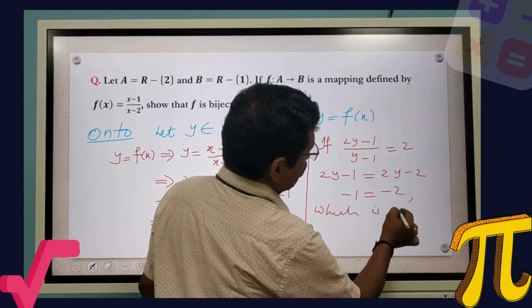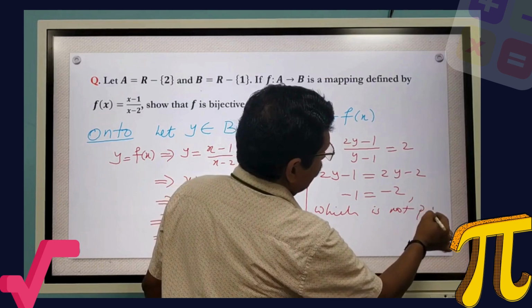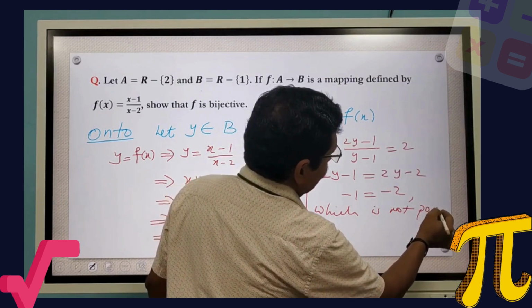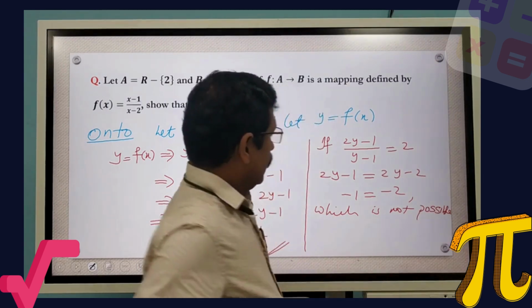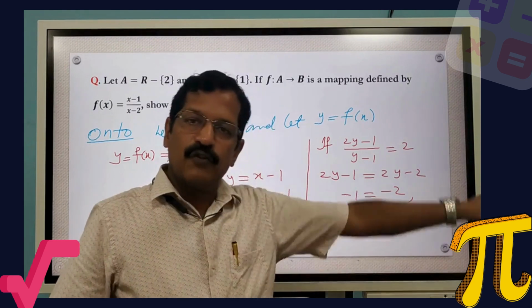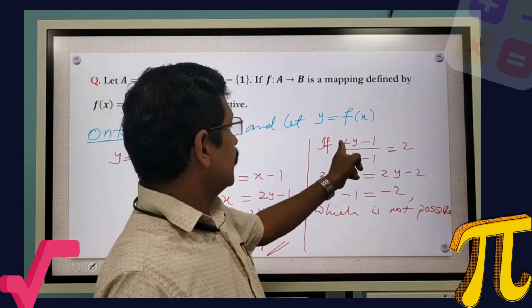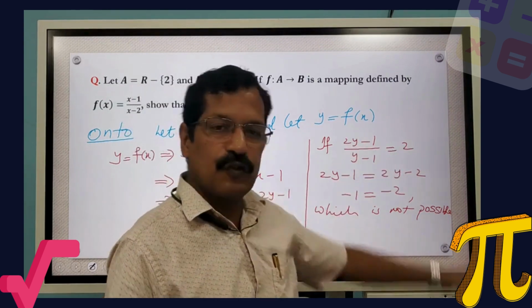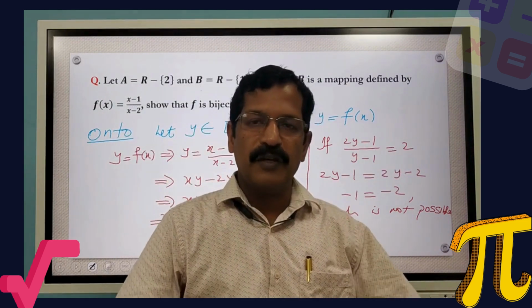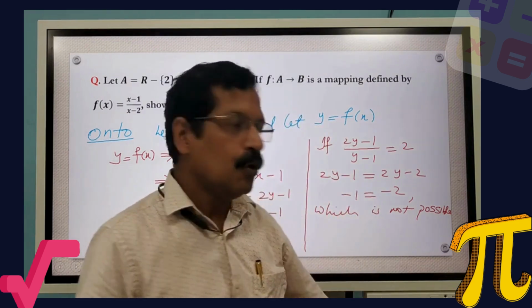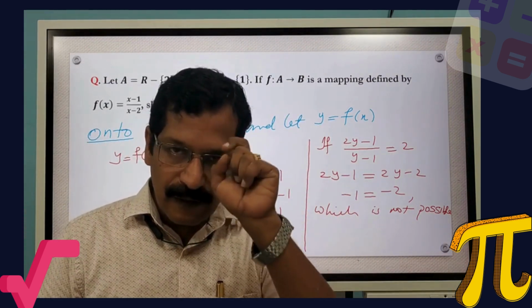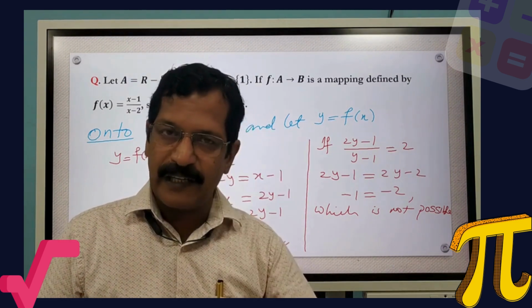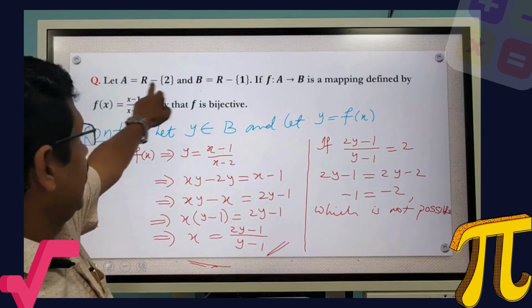Why did we get minus 1 equal to minus 2? By assuming that (2y - 1)/(y - 1) is equal to 2. So (2y - 1)/(y - 1) is not equal to 2. It means that this x is not equal to 2. If x is not equal to 2, then the real number x will be an element of A.